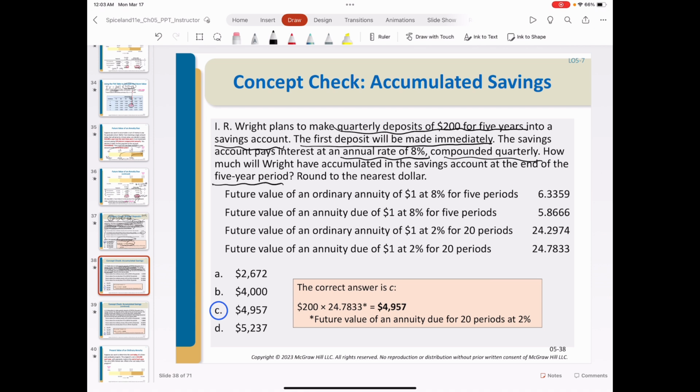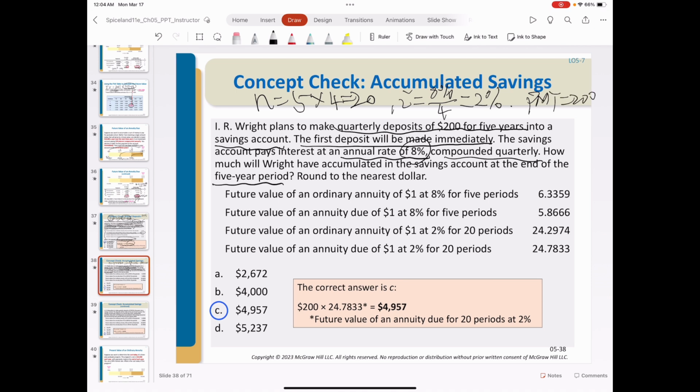So 5 years, each year 4 deposits. So that means n is 5 years multiplied by 4, 20. The annual interest is 8%. So interest per period is 8% divided by 4 because interest was compounded quarterly, so 2% each period. And the payment each quarter, $200.